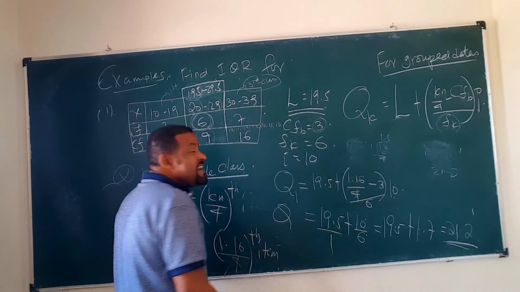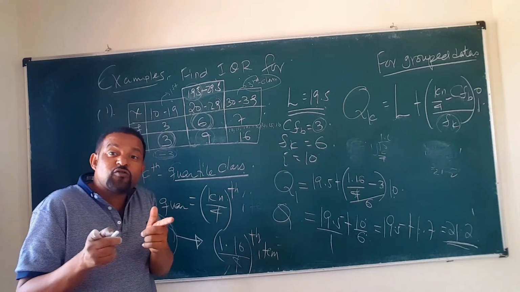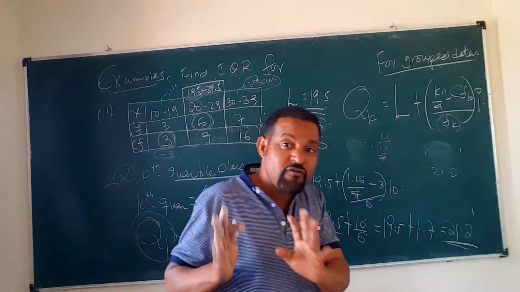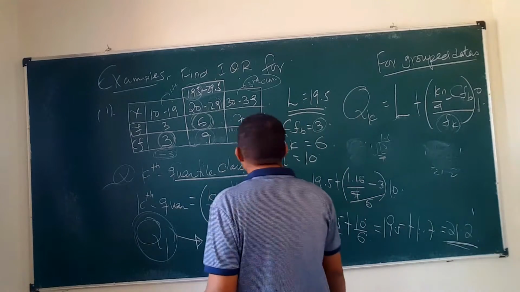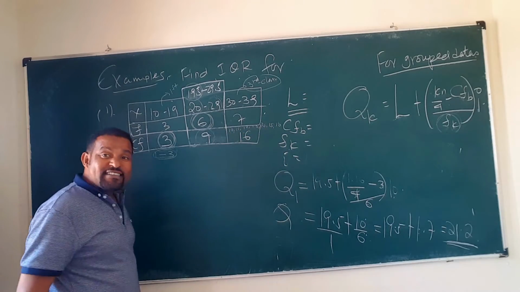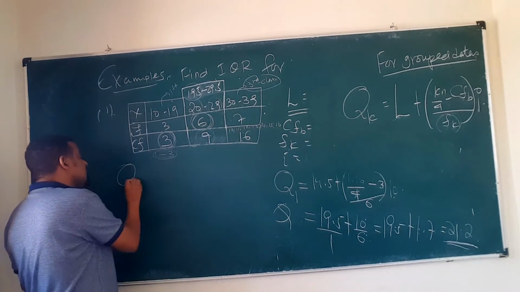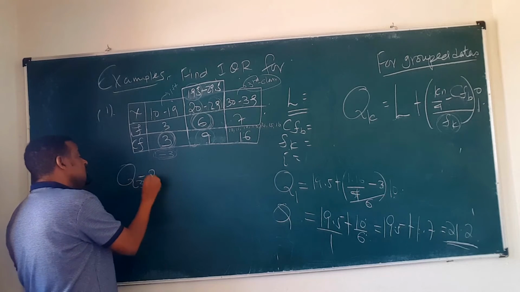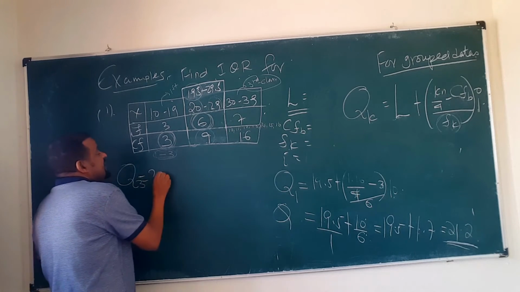Now to find the third, our objective is to find the interquartile range, don't forget. So let's see the third quartile. To find the third quartile Q3, what do we need? The quartile class.